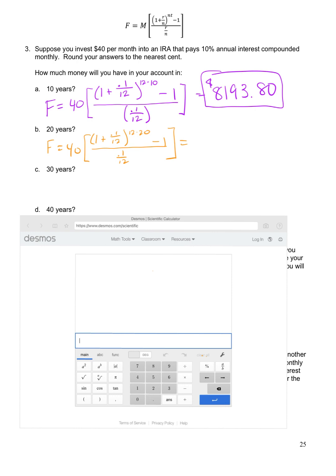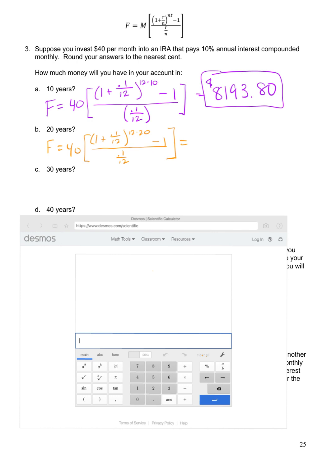Okay, so start with 0.1 over 12. I want to take that answer and add 1. Raise that to the 12 times 20. I can do that in my head. It's 240. So previous answer, a to the b, 240. Then I take that answer and subtract 1.